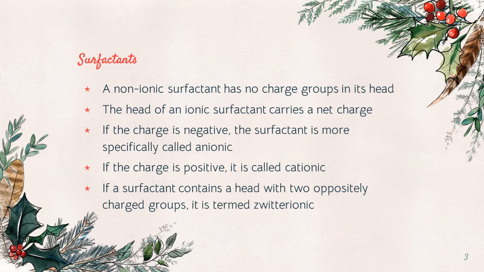If it is positive, then it is called cationic. If the surfactant contains a head with two oppositely charged groups, then it is called zwitterionic. So non-ionic, no charge; anionic, negative charge; cationic, positive charge; zwitterionic, which contains two oppositely charged groups.